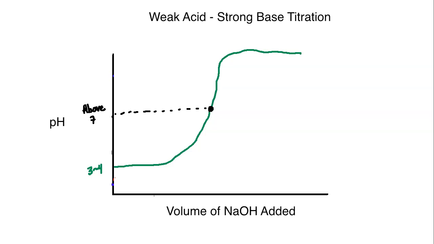Now, from that equivalence point, if I take that volume and cut it in half, I would expect to find the spot where the pKa is going to match the pH. So let's do the other weak acid we were talking about, which was acetic acid. Acetic acid has a pKa of 4.76, so the pH here would be 4.76, which is equal to the pKa of the acetic acid.